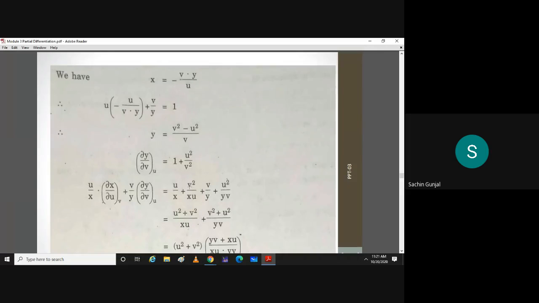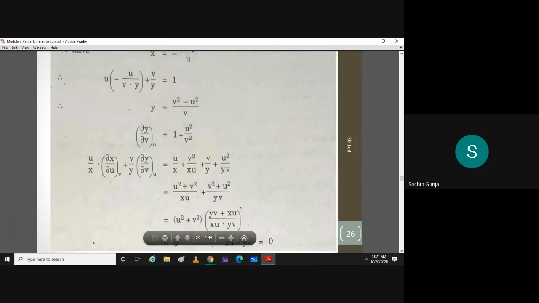So u square plus v square you can take out, and you will have (yv plus xu) upon xu into yv. But xu plus vy equals 0, therefore this whole thing is 0.